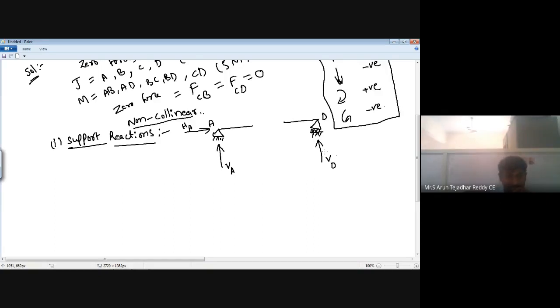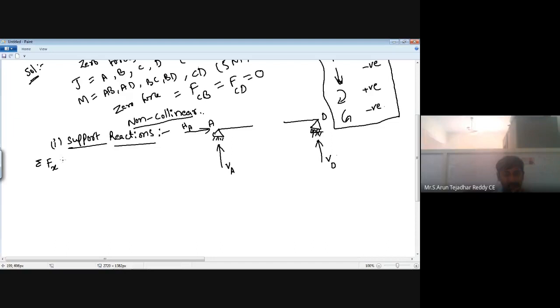And just now we discussed how to find the support reactions, that is by using the equilibrium equations. So first of all, I am applying horizontal forces. Horizontal is the x direction.